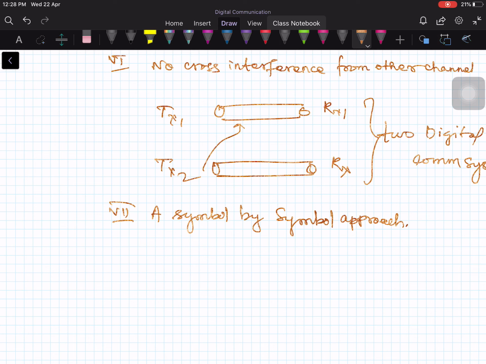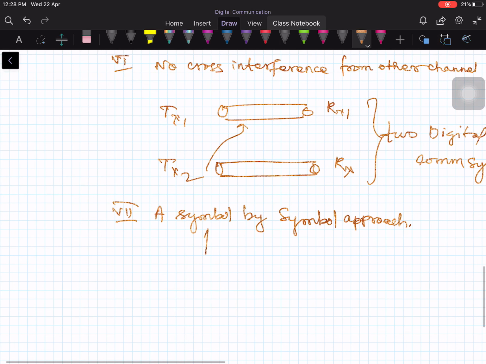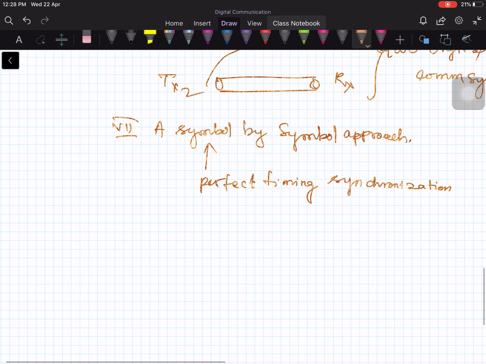To do this, I should know where the pulse is starting and where the pulse is ending. I should know the symbol duration perfectly. So this needs perfect timing synchronization between the transmitter and receiver.